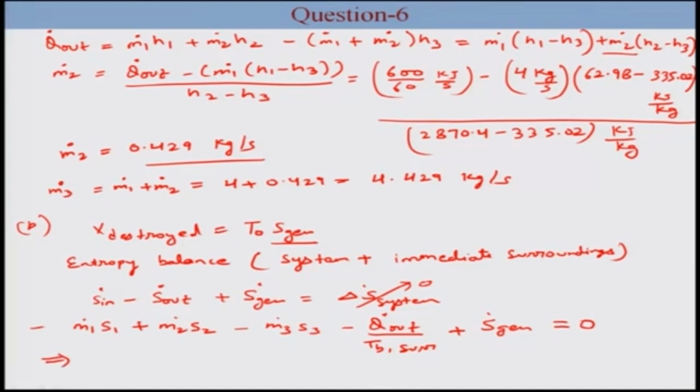So from here we can get entropy generated is equal to m3 dot s3 minus m1 dot s1 minus m2 dot s2 plus Q dot out divided by T0, which is the outside temperature.